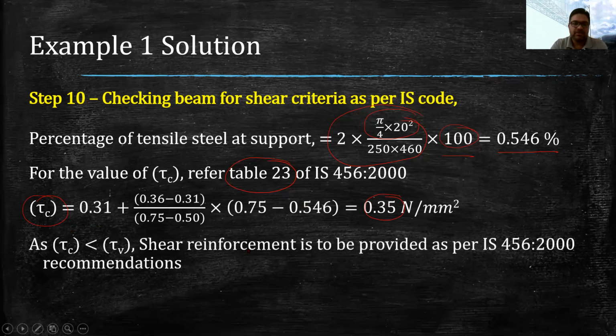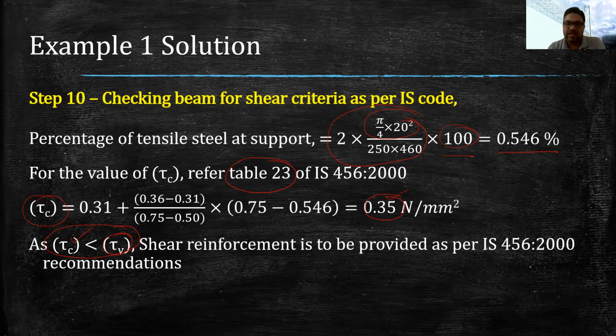Here you can see the value of tau c is less than tau v, because the tau v value was around 0.702 and tau c is 0.35, which means the shear reinforcement condition occurs. It means our beam is not safe. It cannot resist the diagonal tension effect.